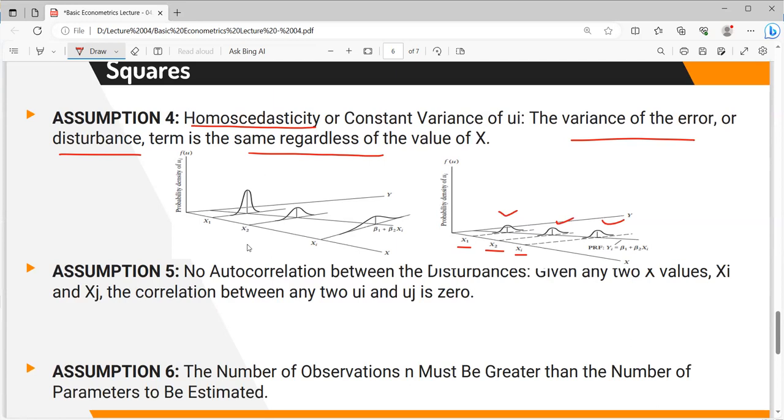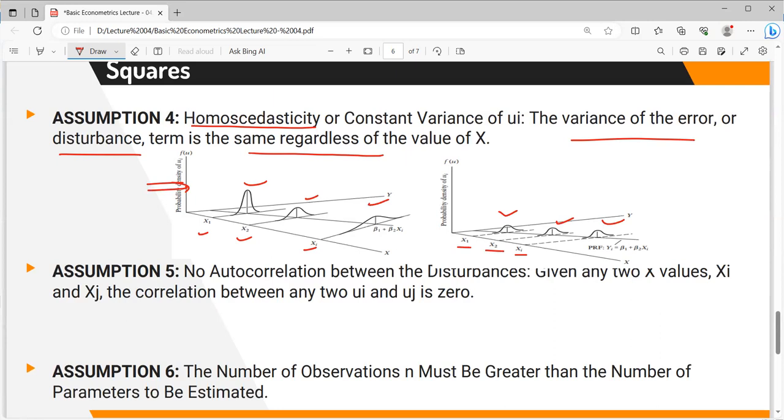But in the second diagram, on X1, X2, and X3, the variance changes. So the first is homoscedasticity, and the second is heteroscedasticity, where the variance changes.